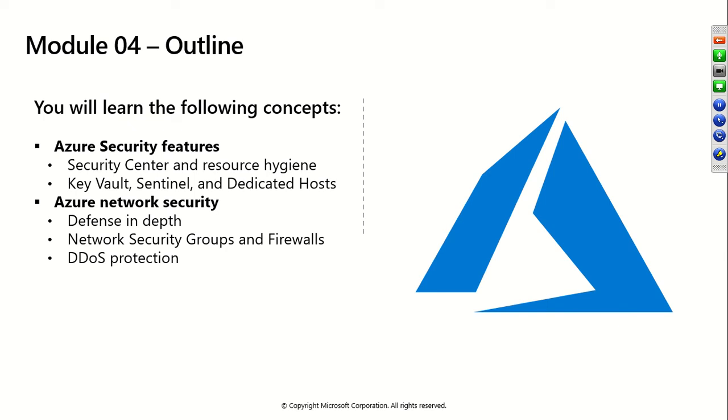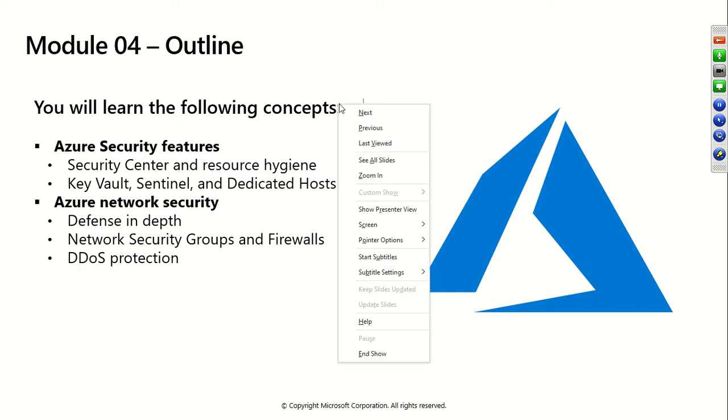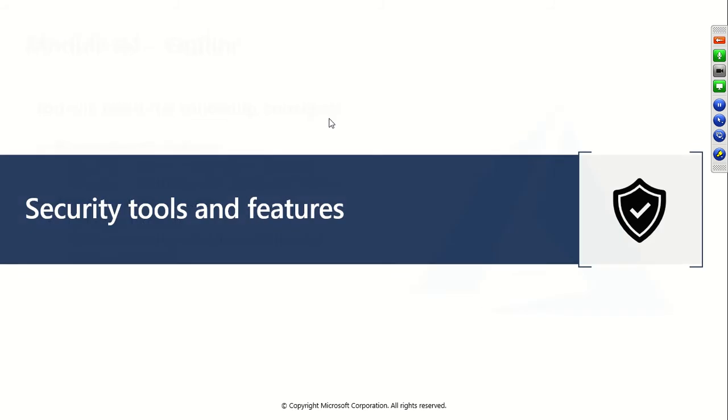We'll look at the security center, resource hygiene, key vault, sentinel, dedicated host, and we'll also look at network security, which will tell us that we need to have layers of security. And then we also look at how we can prevent one of the common network attacks, which is called DDoS, distributed denial of service.